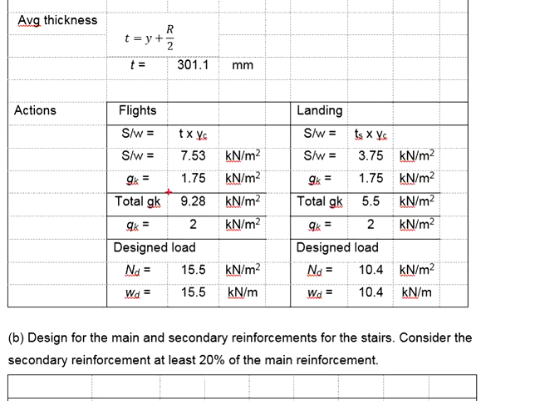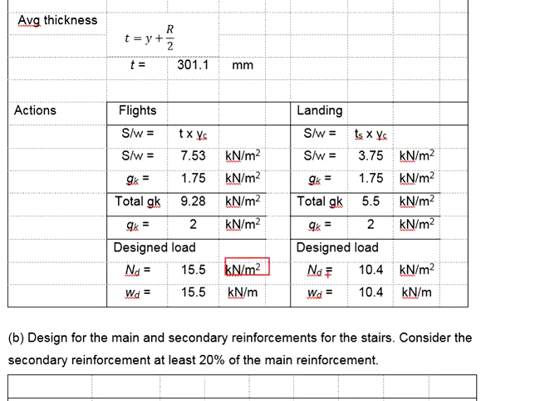That means 1.35 times this plus 1.5 times this. You get 15.5 kN per meter square. Same goes for the landing. 1.35 times this plus 1.5 times this. Your design load is 10.4 kN per meter square.